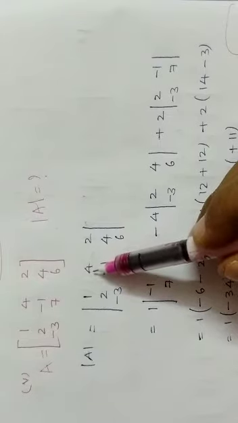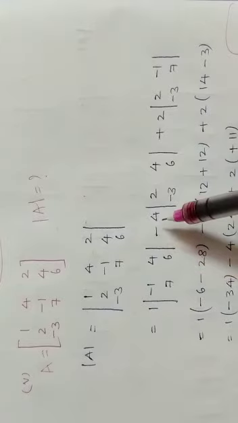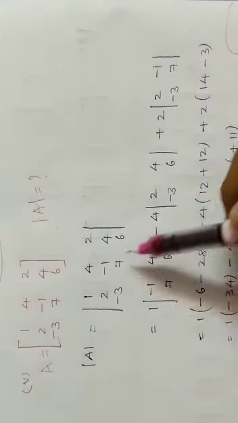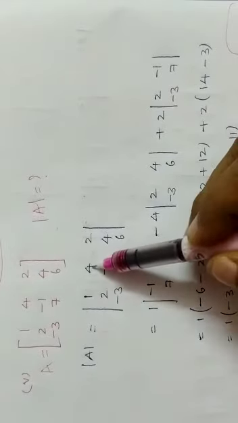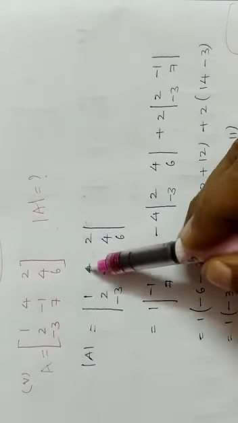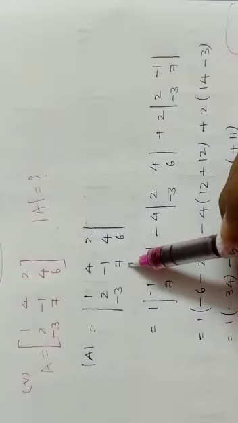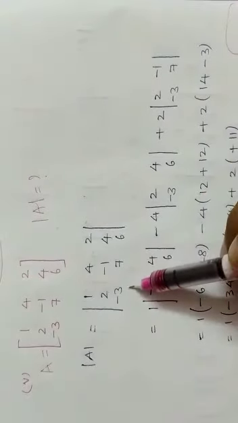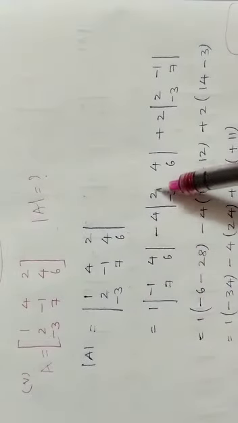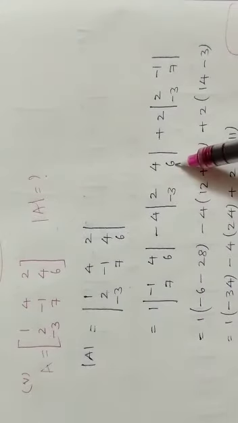This is plus 4, you have to take minus 4 into, remove the row and column in which 4 is present. Again 4 elements are left, 2, 4, minus 3, 6.